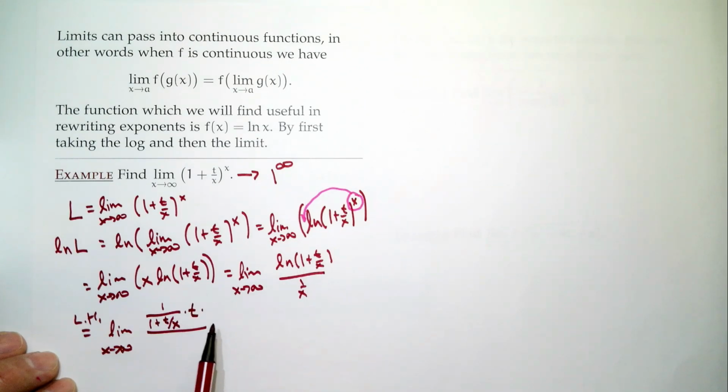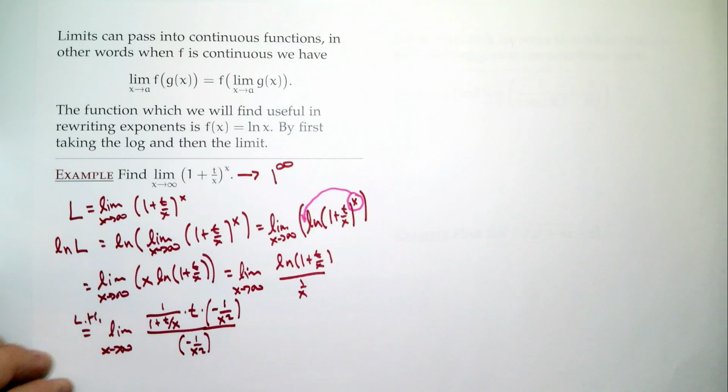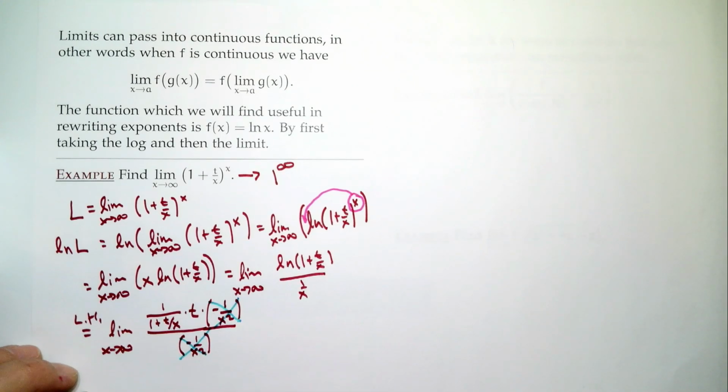What's the derivative of 1 over x? Negative 1 over x squared. Now, downstairs is the derivative of 1 over x, which is the same as what we just said, negative 1 over x squared. And now we're like, ooh, nice. The negative 1 over x squareds cancel.